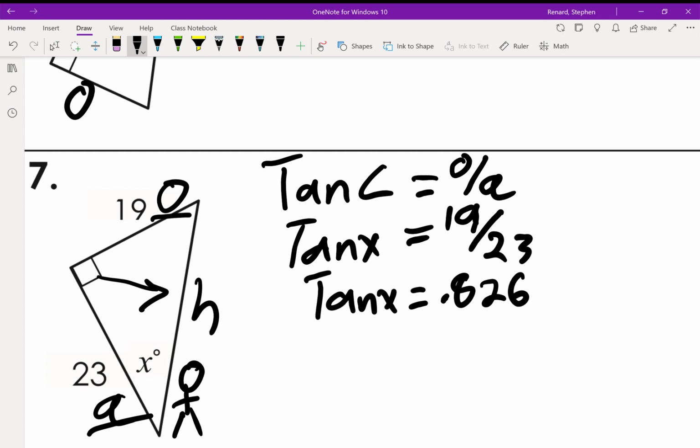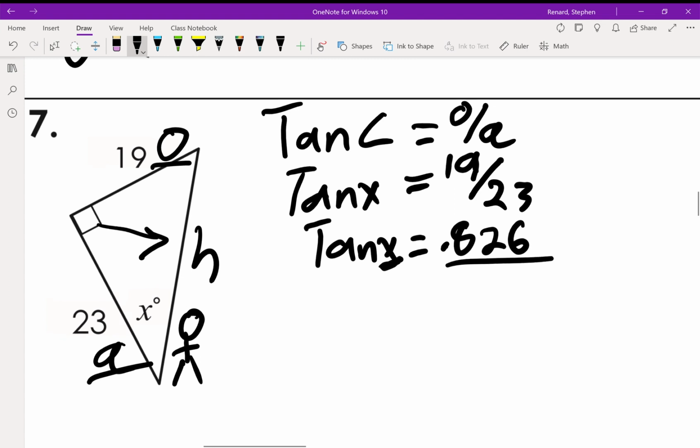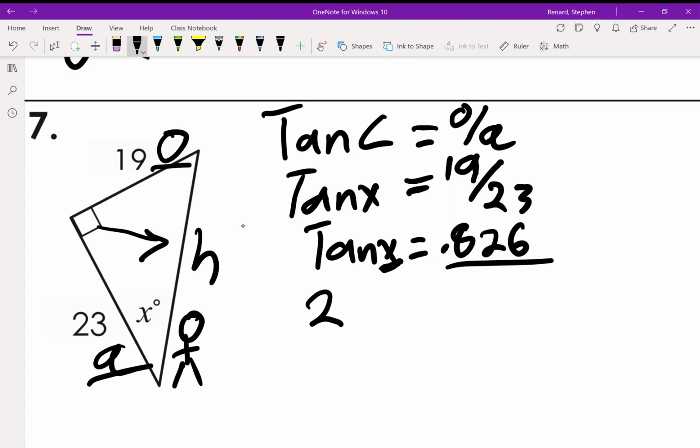So now what I'm going to do is I'm going to use my calculator and say, hey, listen, I know only one angle has this as a tangent. So, oh, please, calculator, tell me what that angle is. And here's what we're going to do. We're going to hit second tangent, second, and then on the bottom right-hand corner of your calculator, there's this little button.